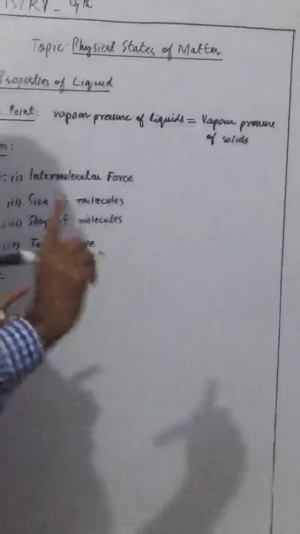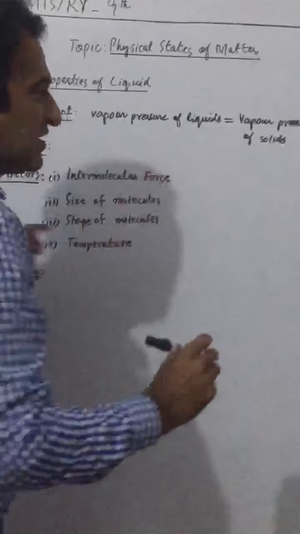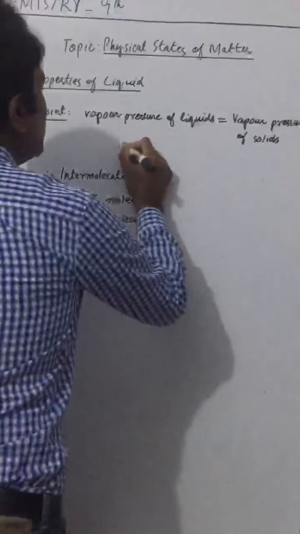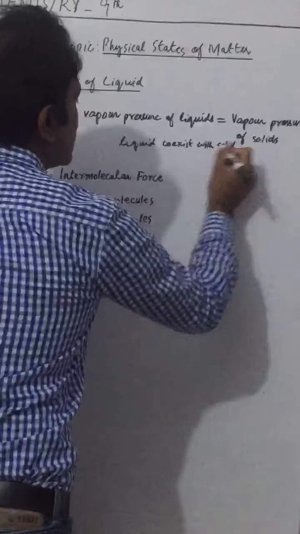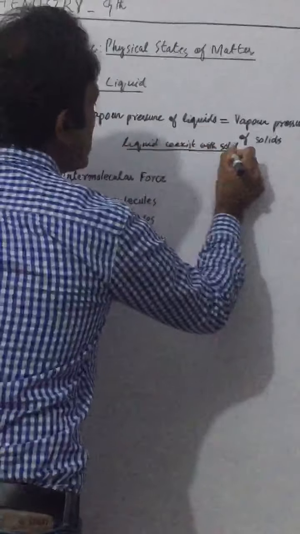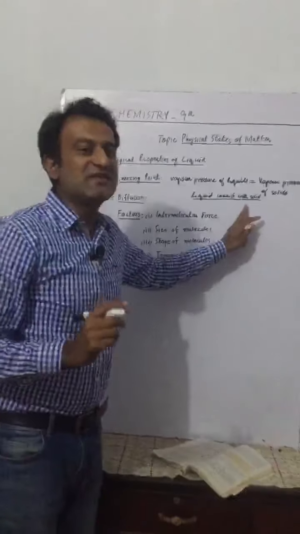So at that point, when we reach this situation, liquid coexists with solid at dynamic equilibrium, then that state is called freezing point.